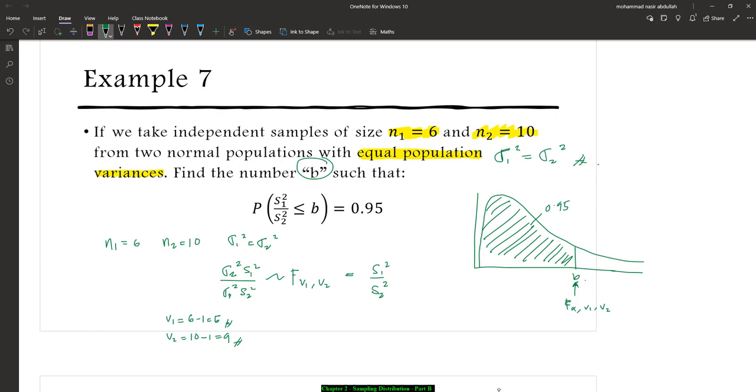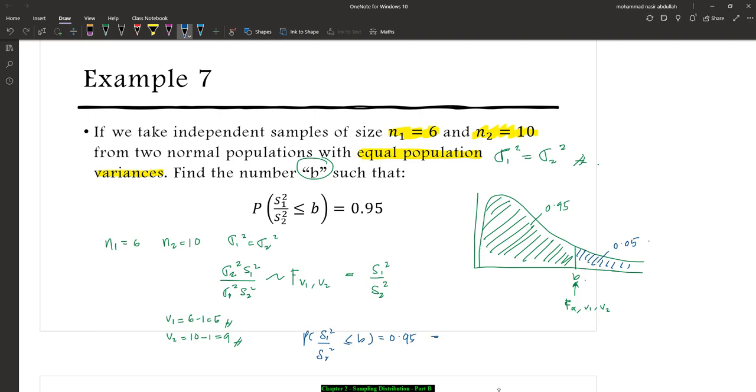Here, since we want to find the area to the left, the area to the right should be equal to 0.05. So the probability of S1 squared over S2 squared less than B equals 0.95.